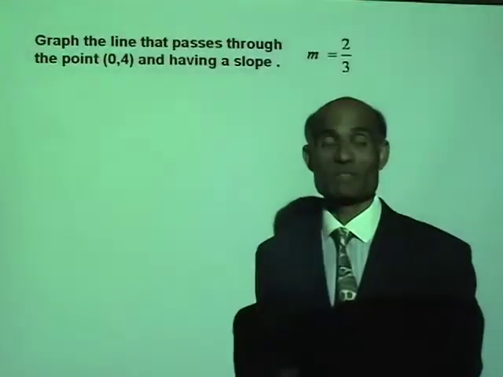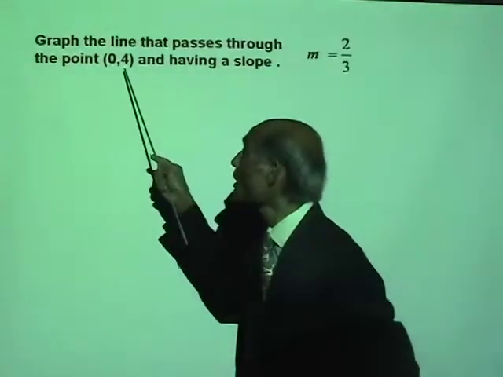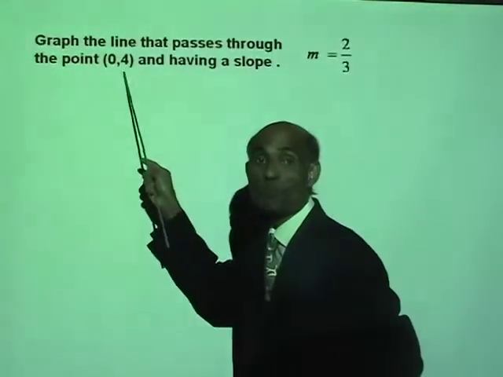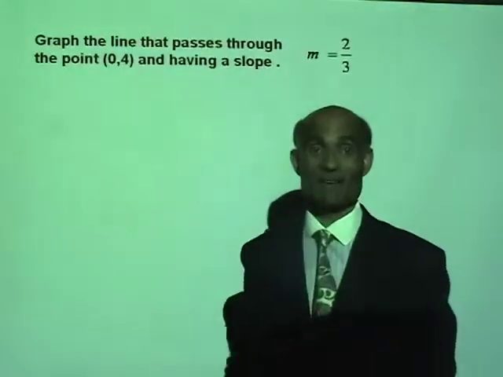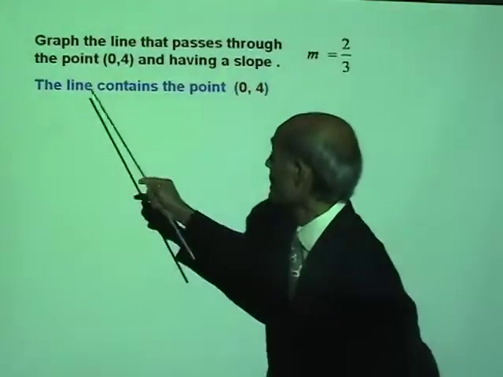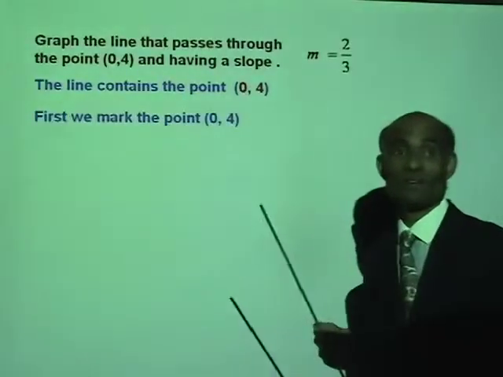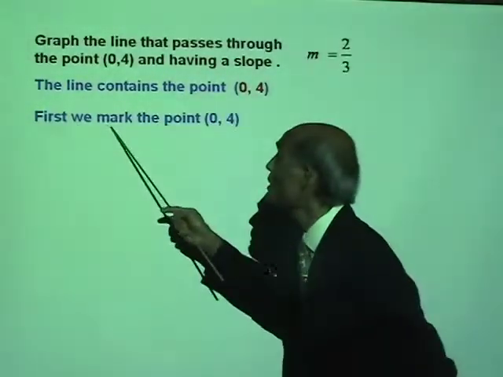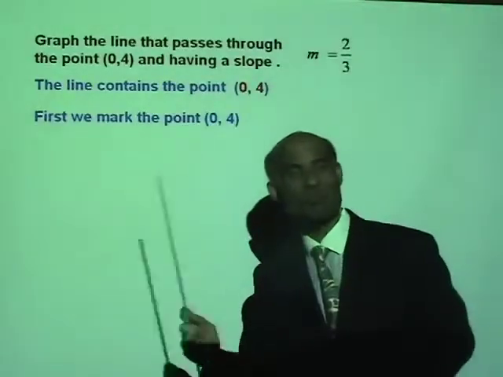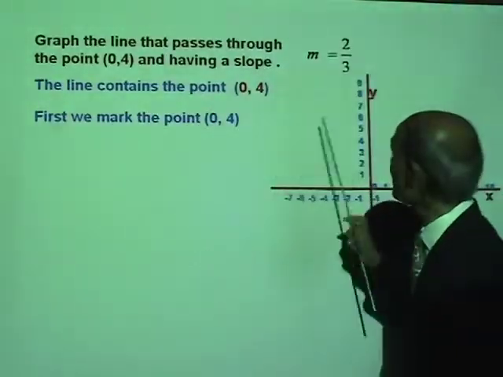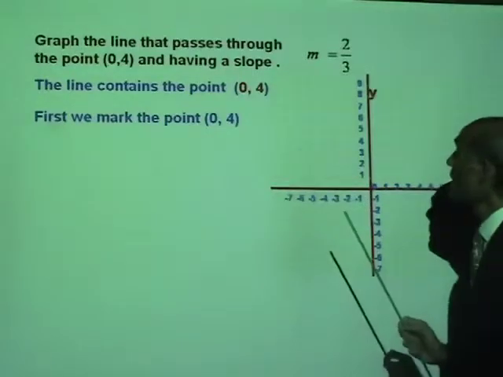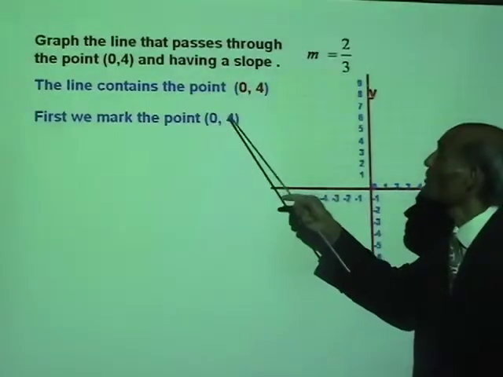Where do we start? Start by locating this point. This point is on the line. So, the line contains the point 0, 4, and therefore we first mark that point. Alright, let's get the graph grid and mark this point 0, 4.